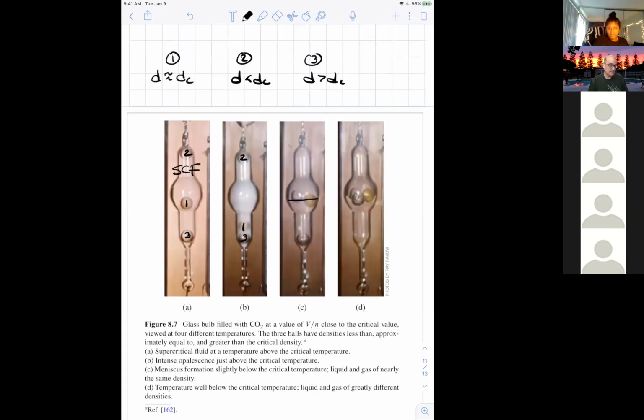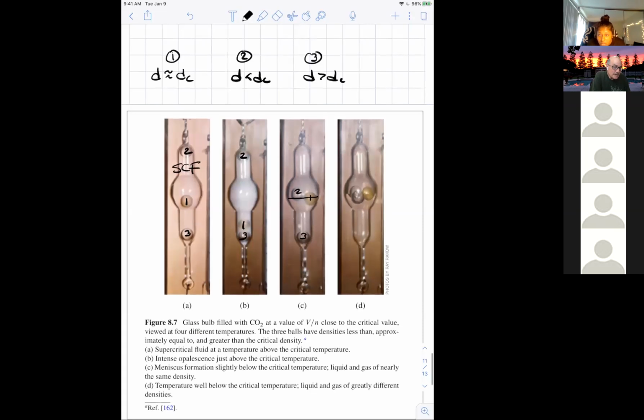So what we have is 2 phases. Down here sitting at the bottom is the heavy one. But now you'll notice this one, 2, is sitting right above the liquid. And this one is sitting slightly below the meniscus.